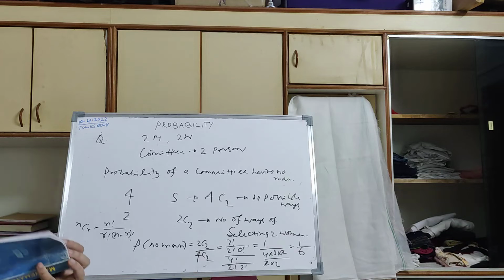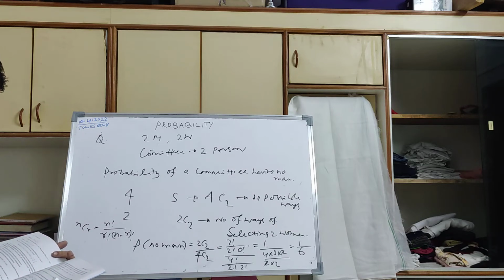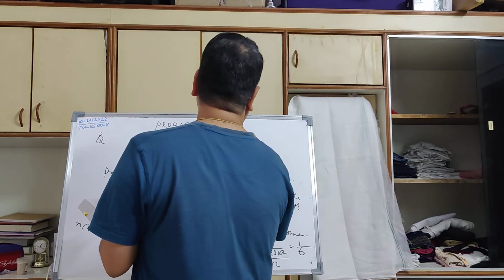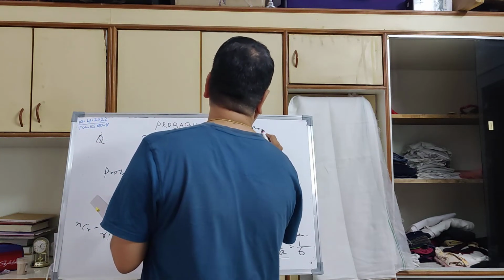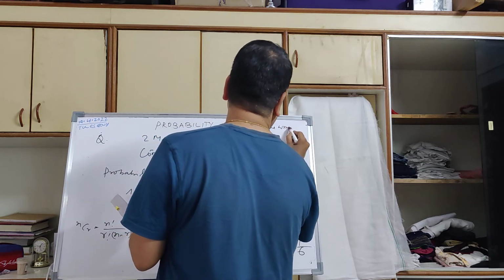Here comes the multiplication. So the probability of having one man means one woman also, right?